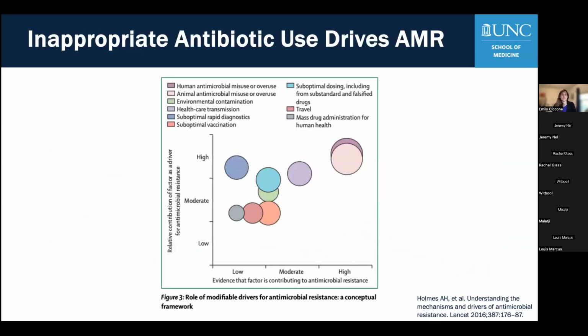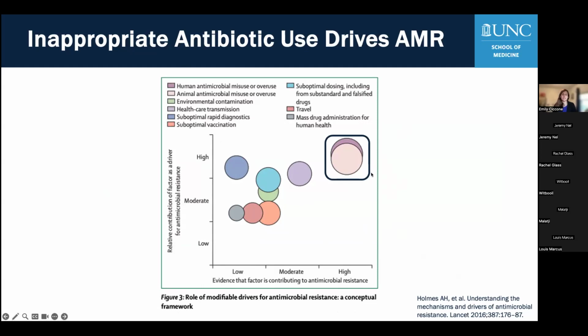So what are the main drivers of antimicrobial resistance? This is a study from The Lancet that looked at the mechanisms and drivers of antimicrobial resistance. On the y-axis is the relative contribution of each of these factors listed up here. And on the x-axis is the strength of evidence that that factor is contributing to antimicrobial resistance.